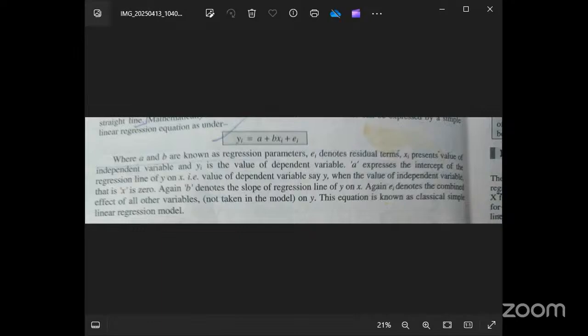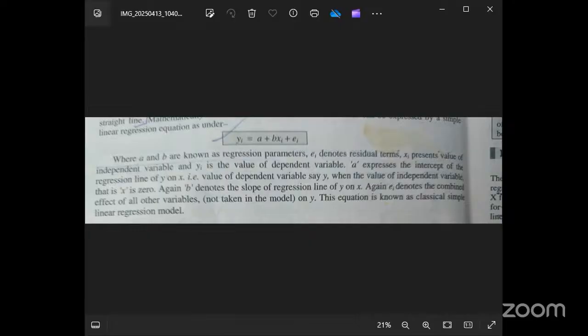It's important. A regression line is a graphical technique to show the functional relationship between the two variables, that is x and y, that is dependent and independent variables.